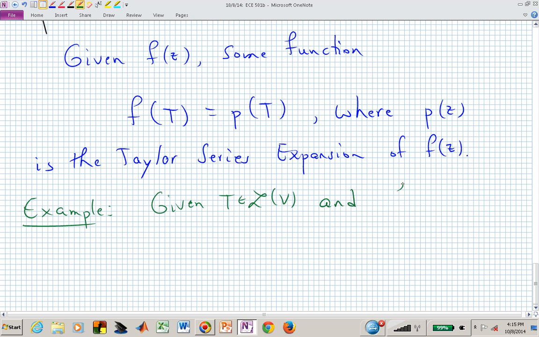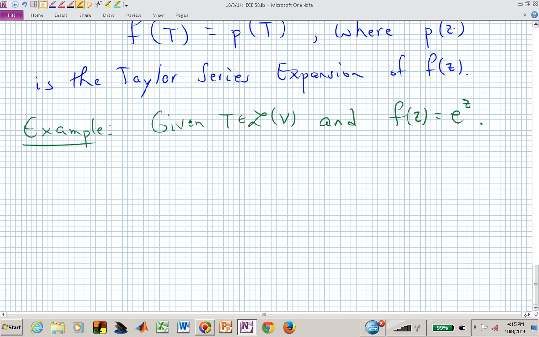So let's say that we have f of z equaling e to the z. That's our function that we are trying to express in terms of powers of this operator T. What's the Taylor series of e to the z?